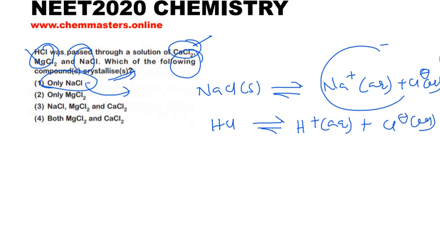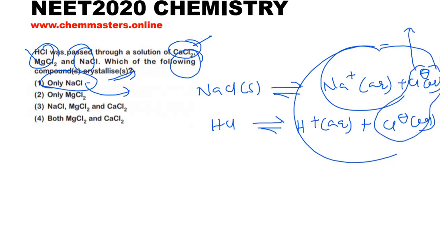So in that reaction mixture, you can see the common ion Cl-, that is chloride ion, is there. Whenever the concentration of ions, that is Cl-, increases, then the equilibrium shifts towards the reactant side, that is NaCl solid.